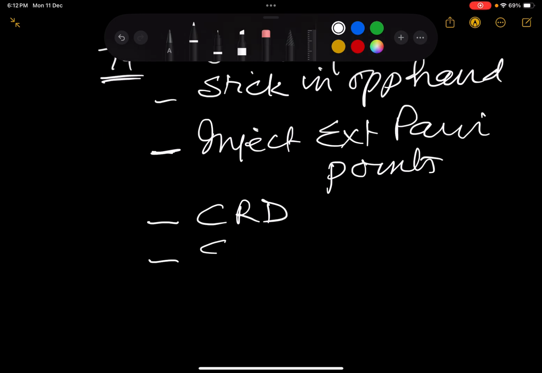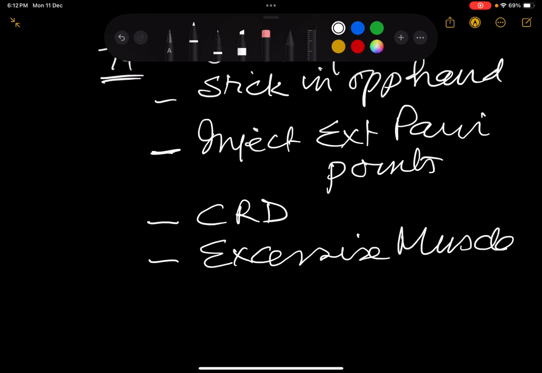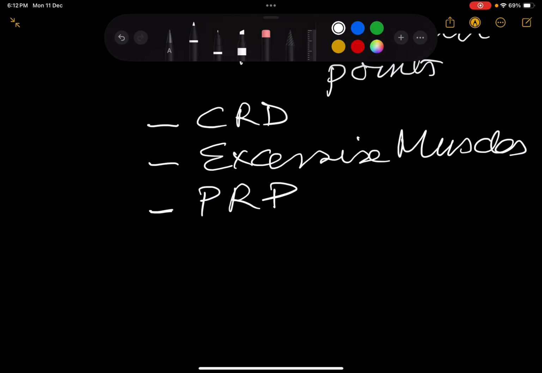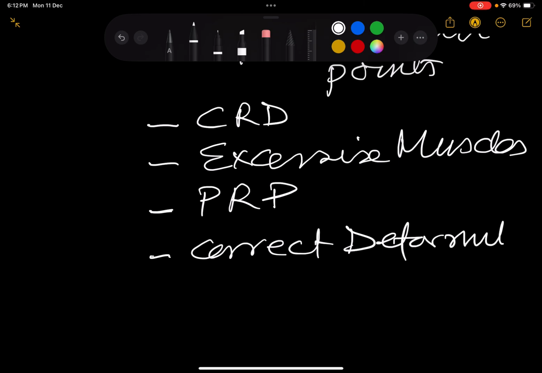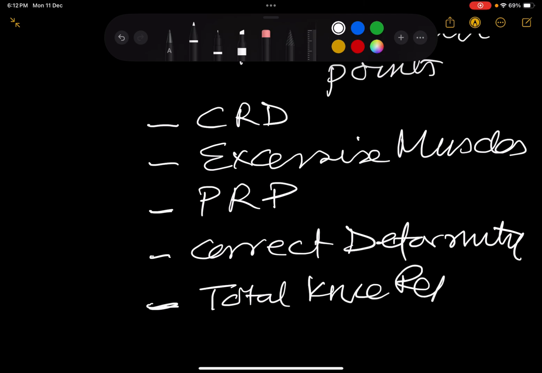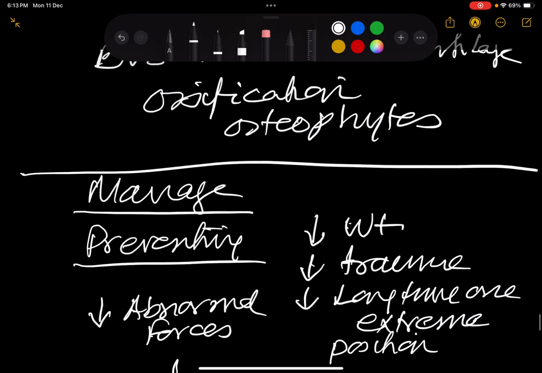You can exercise muscles which will better protect the joint. You can give platelet rich plasma. You can correct the deformity that can cause osteoarthritis so that the line of weight bearing becomes all right. And if the joint is totally destroyed, then you can do a total knee replacement. So these are the various common causes of joint pain, and this is how you manage them.